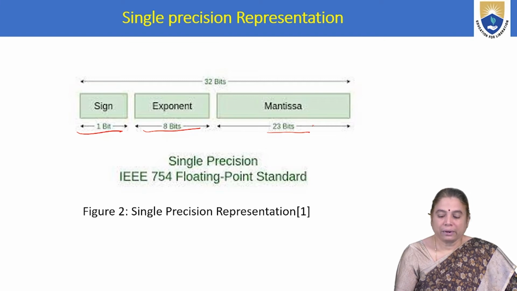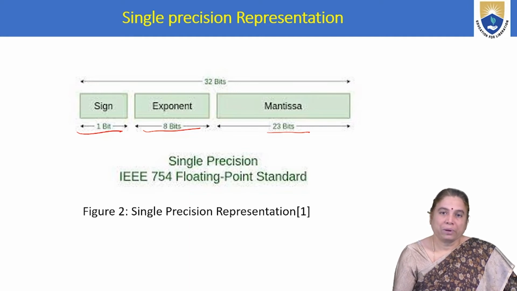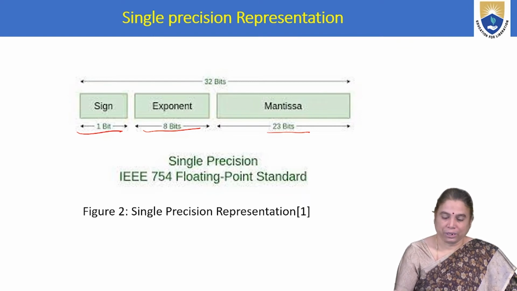These 23 bits can be used to represent the mantissa value. So the total 32 bits of representation can be divided into 3 parts: the sign bit of 1 bit, exponent of 8 bits, and mantissa of 23 bits. This type of representation is referred to as single precision representation.